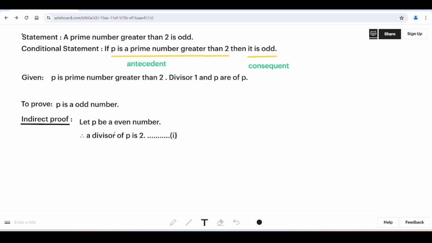But it is given that P is a prime number greater than 2 and its divisors are 1 and P. This is given to us.